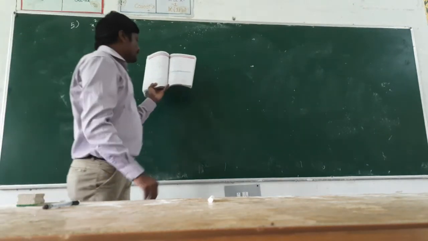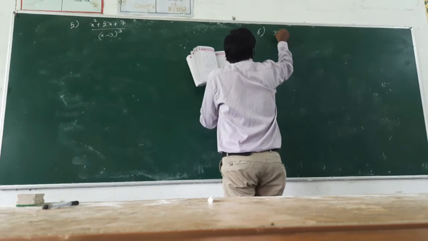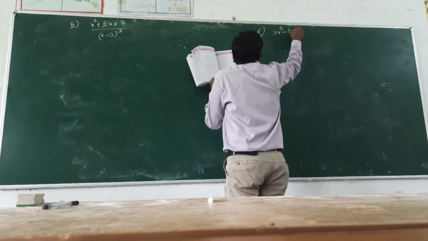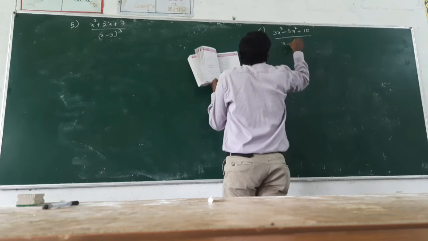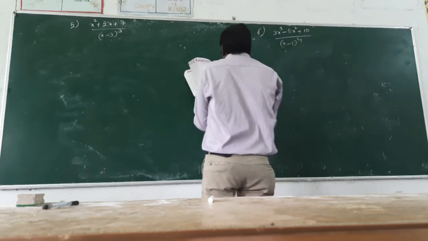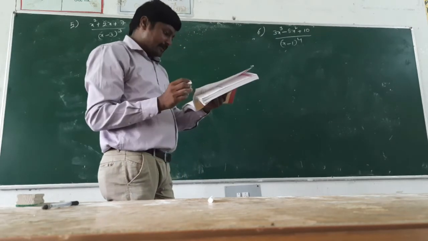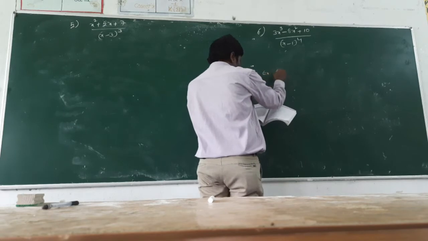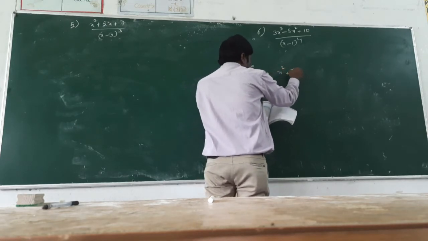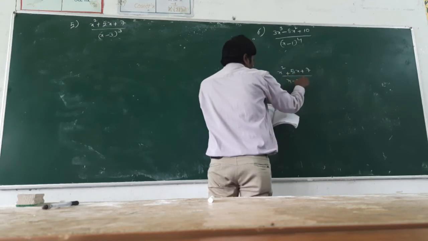In this type of problem, we have other problems also. Sixth problem: 3x cube minus 8x square plus 10 by (x minus 1) whole power 4. And one more example problem: x square plus 5x plus 7 by (x minus 3) whole cube.